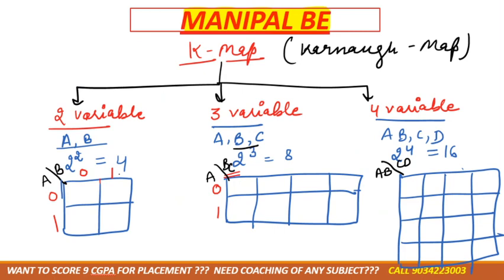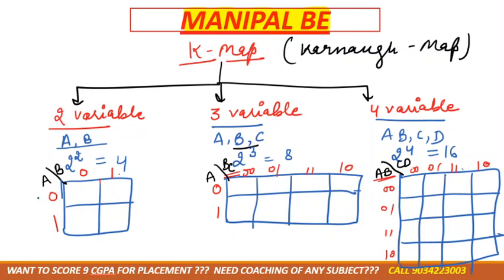So see how we move in this sequence: 00, 01, 11, 10. The sequence will remain the same in K map, it will not change. So you have to learn this sequence. 0 means off and 1 means on. 00, 01, 11, 10. Now the 4-variable K map will also have 2 possible switches for each pair. So 00, 01, 11, 10. For CD also 00, 01, 11, 10. Got it?